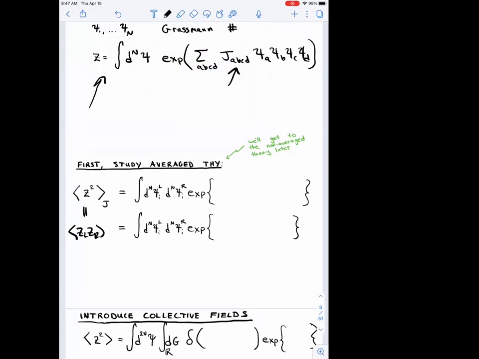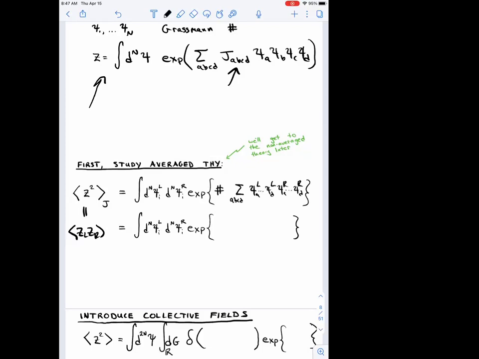If you just take 2 copies of this thing and average over J with a Gaussian distribution, you get something that looks like this. There's some number that we'll fix in a second, and then we have the sum over ABCD of psi_A left up to psi_D left times psi_A right up to psi_D right. That's what you get after averaging over these J tensors.